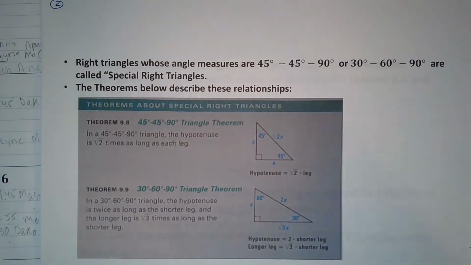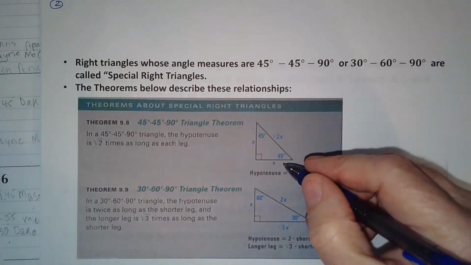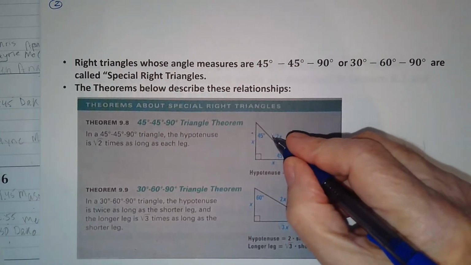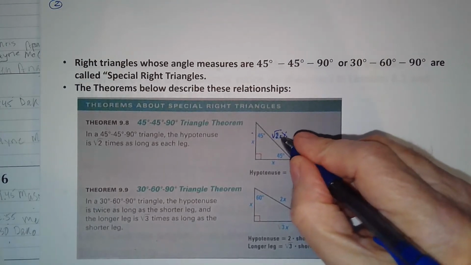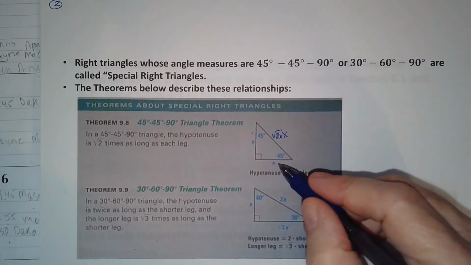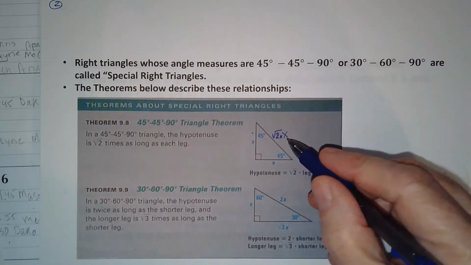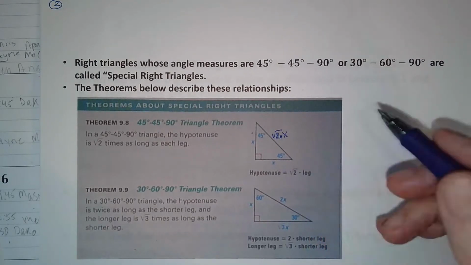The important thing to remember for the 45-45-90 triangle is the square root of 2 times x. Once you find out what x is, you can multiply the square root of 2 times that x value to get the hypotenuse.